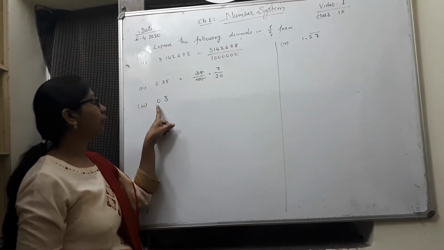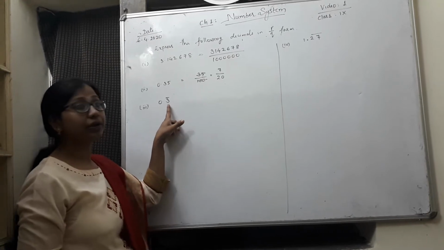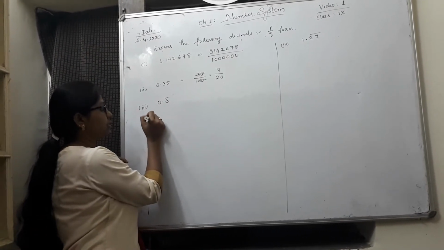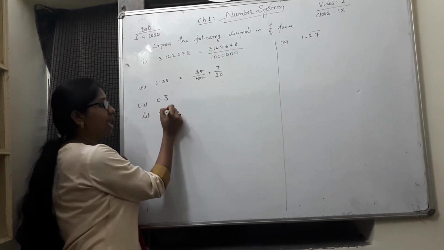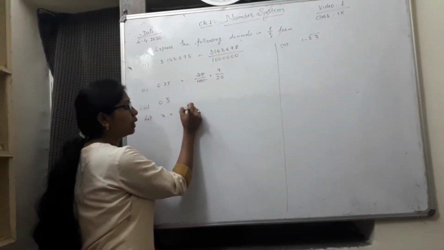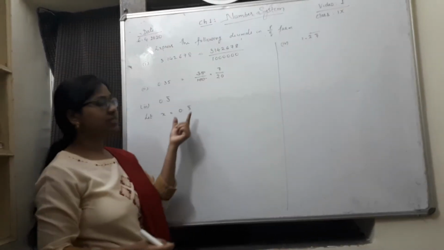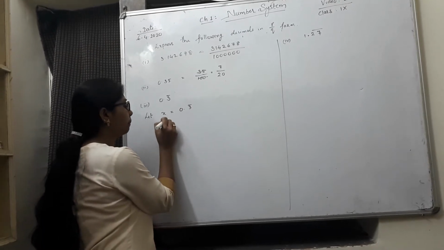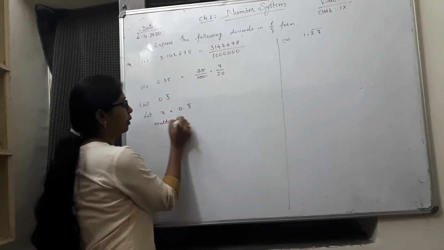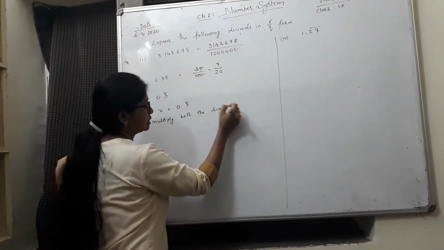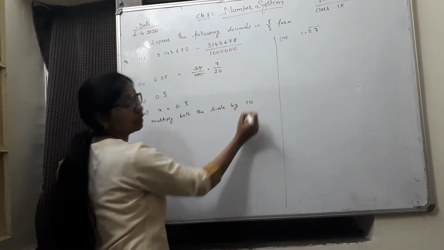But for recurring numbers, 0.3 bar, check the method of this. Let x be any rational number which is 0.3 bar. How many digits are repeating? 1. So we'll multiply both the sides by 10.